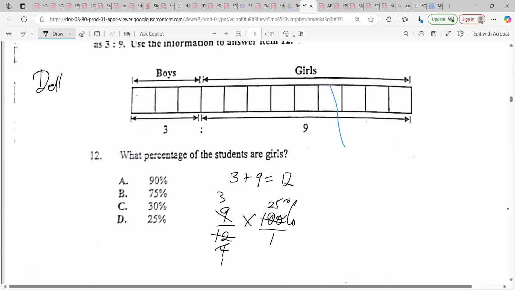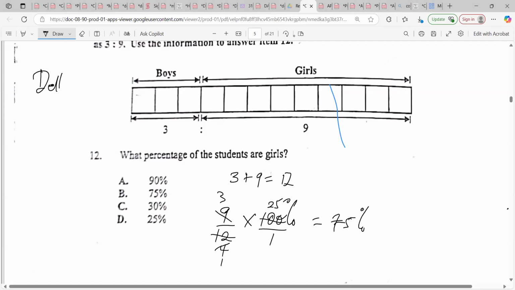And when I multiplied, I got 75. All right. Thanks so much. Somebody said they want to explain. Go ahead, the next person, and then I will give my input. Sir, I did the same thing, sir.